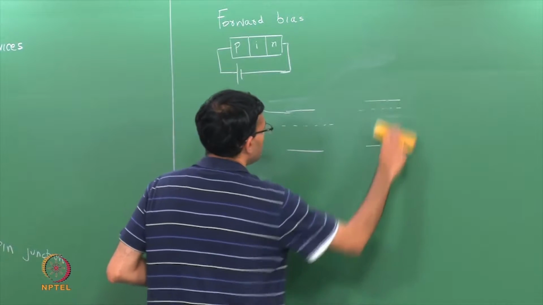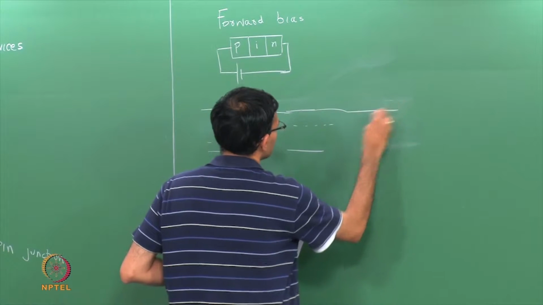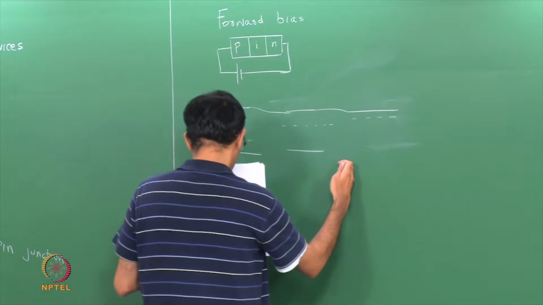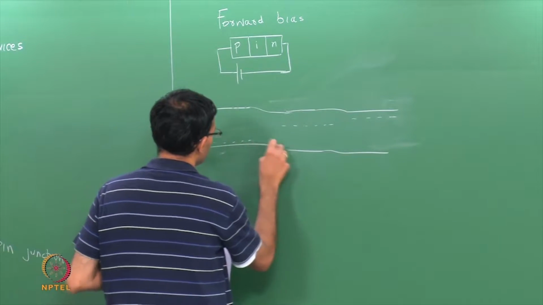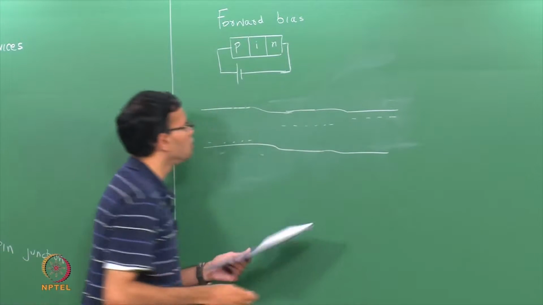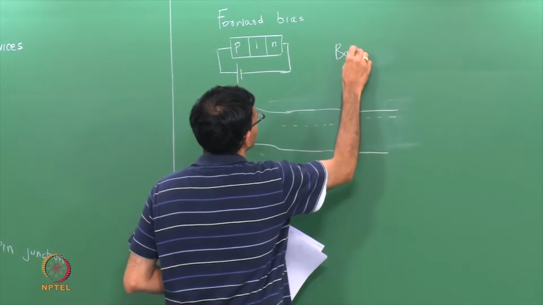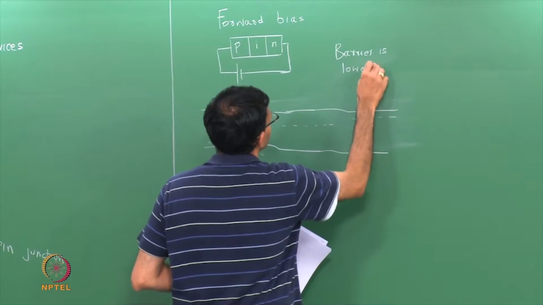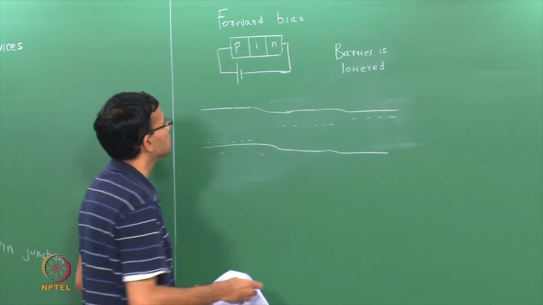If you draw this slightly more clearly, the important point is that in the case of a forward bias, the barrier is lowered so that you can have a current going through the device.